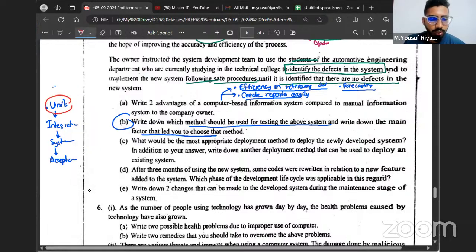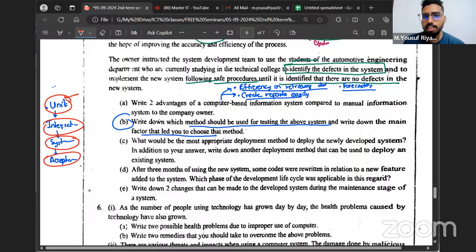If you're doing unit testing, you can say we can make sure that each and every unit, each and every function in the system is working properly. If we say integration testing, we can integrate all the units together and check whether they are working together. This will also ensure that the system is running perfectly. We can do system testing to make sure the whole system is working properly and guarantee the customer that everything is proper. We can do acceptance testing, where we give the customer the application to check.